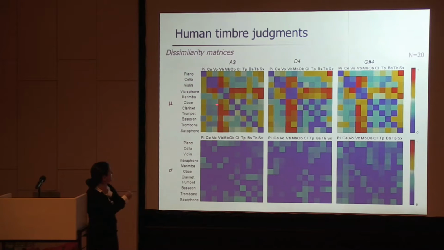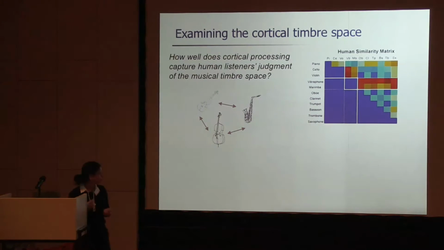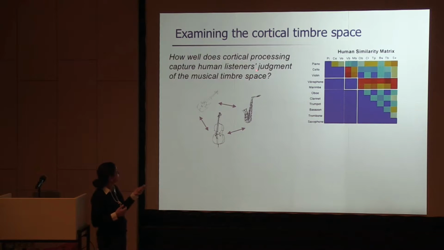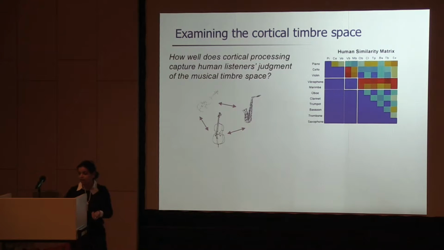This is showing the mean for each of the 3 pitches, as well as the standard deviation. We average across the 3 pitches because we are focusing on the timbre aspect of the question. And then we ask, how well does the cortical processing do? If we take this cortical space and measure the distance between the representation of pairs of instruments, how well does it give us this human dissimilarity matrix?